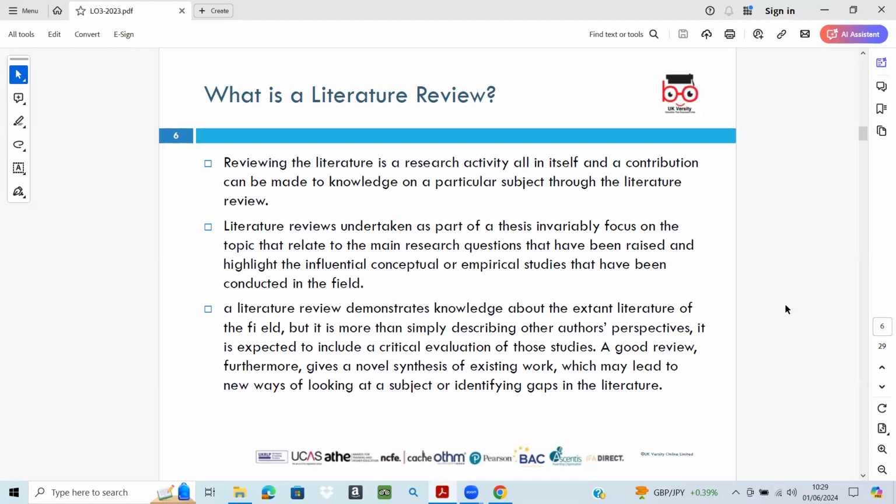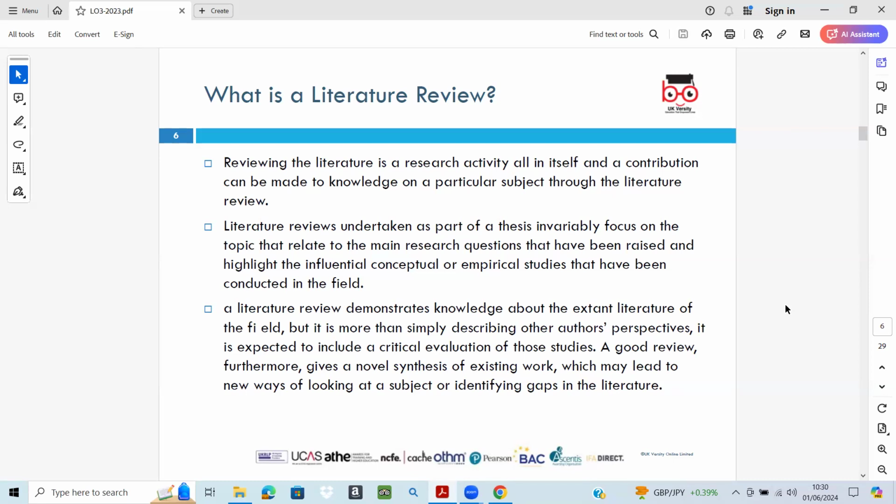A few of the key aspects are research activity and knowledge contribution. Reviewing the literature is a research activity all in itself, and it can be a contribution to knowledge on a particular subject.